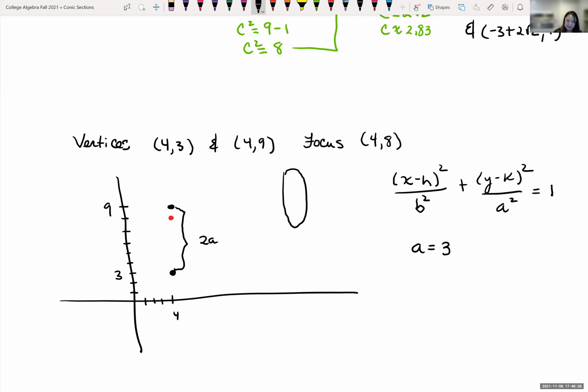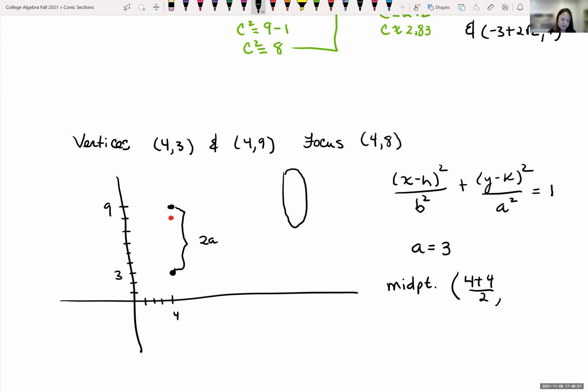We can figure out what the center is. Center is always a halfway point between your two vertices. And so we can find that midpoint. So that was summing our x values, so 4 plus 4 divided by 2.